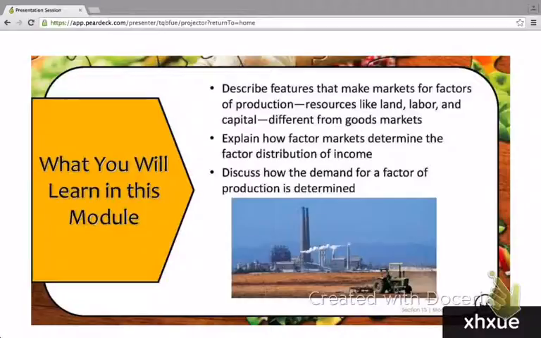And I will explain how factor markets determine the factor distribution of income, because when these factors, land, labor, and capital, are sold to firms in the factor market, income is received by households for the land, labor, and capital that they sell. Well, how is that income distributed amongst those different factors of production? We will explore that here. And we'll discuss how the demand for a factor of production is determined in a way that is a little bit different than the demand for goods and services that we've looked at previously.